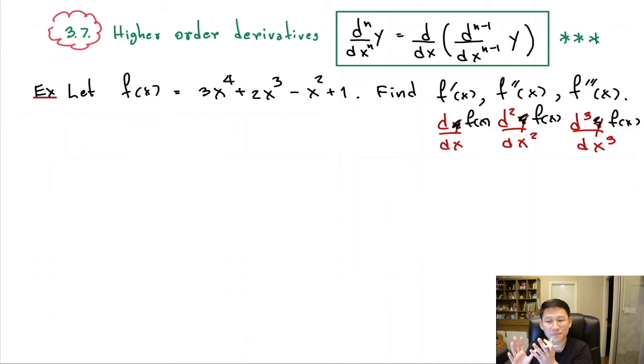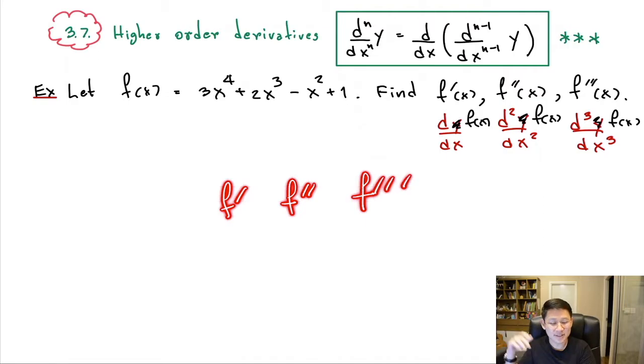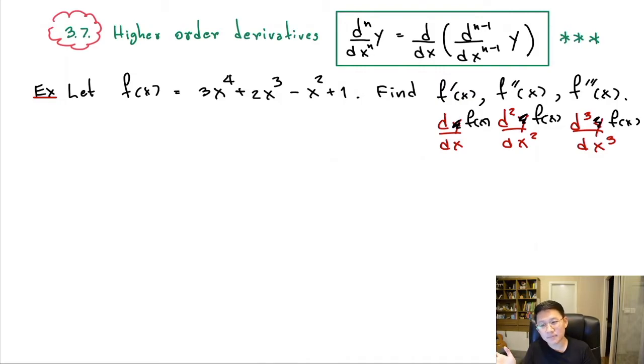We call it f prime, f double prime, and f triple prime. I've seen a student call it f prime, f prime prime, f prime prime prime, but no, don't call that. Just say f prime, f double prime, and f triple prime.